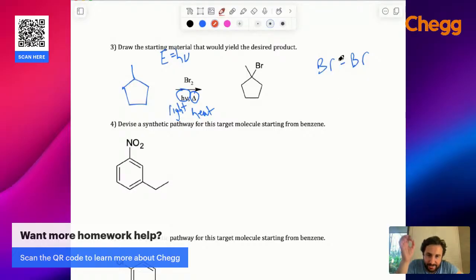But in homolysis, you have single-headed arrows because they denote the movement of one electron, not two. A regular electron-pushing arrow always denotes the movement of two electrons, a lone pair, a bond, whatever it is. But single-headed arrows denote the activity of a single electron. So that gives us two bromine radicals.